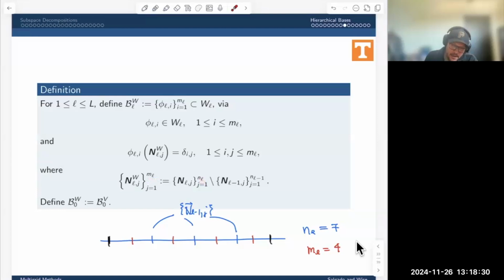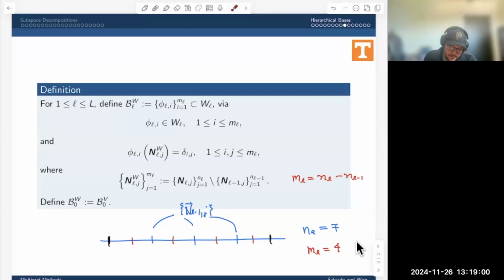And in fact, M_L is always equal to N_L minus N_{L-1}. I'm removing N_{L-1} points from these N_L points, and I'm left with M_L distinct points left over, precisely these red points. So this is very simple then.